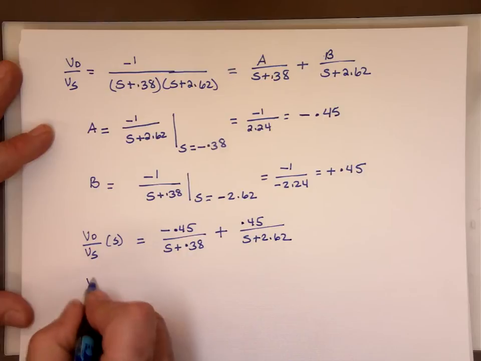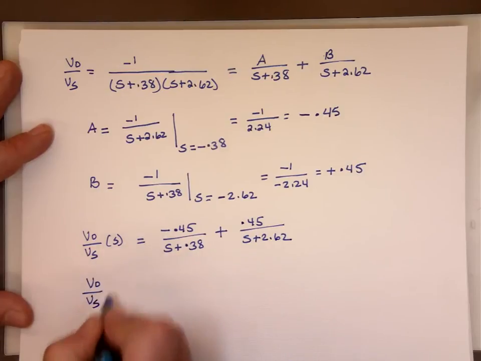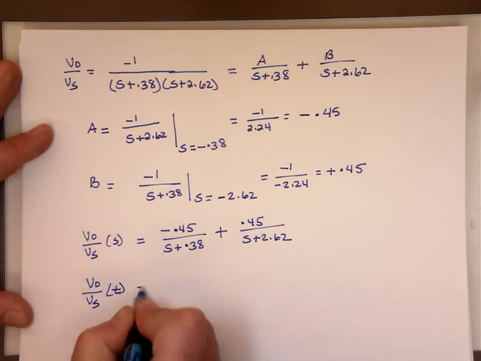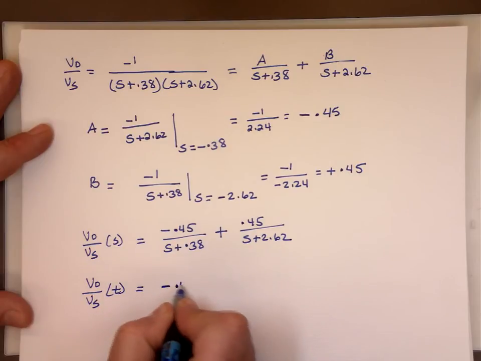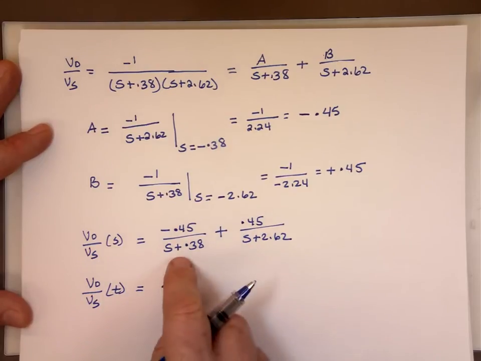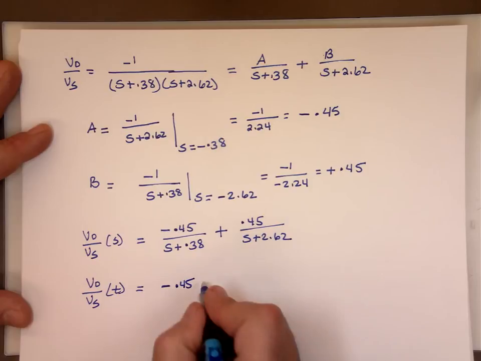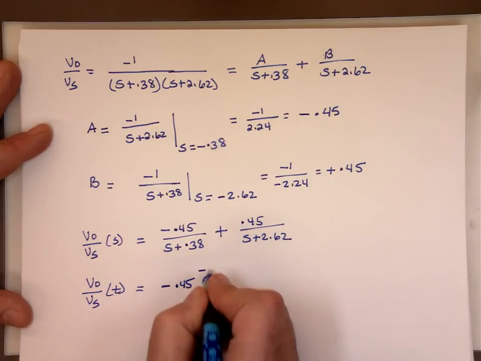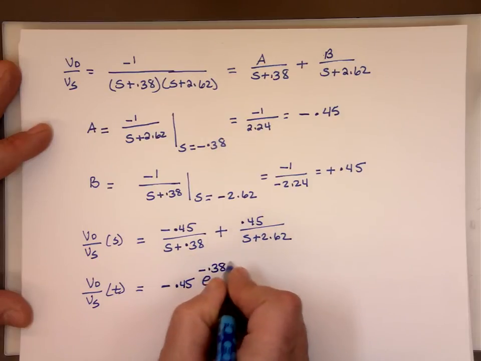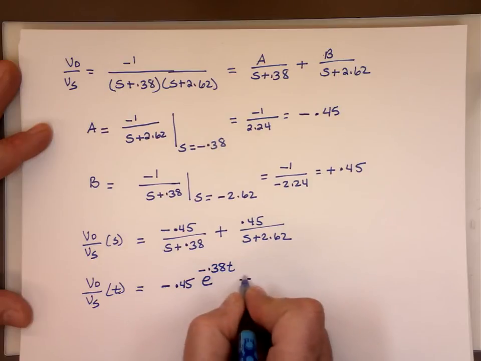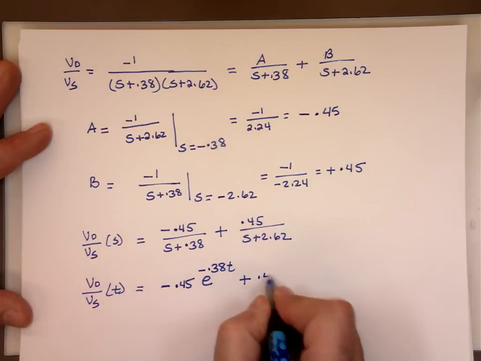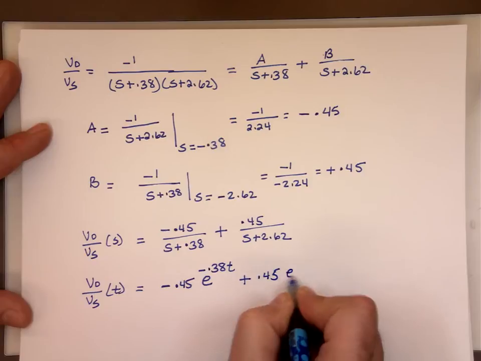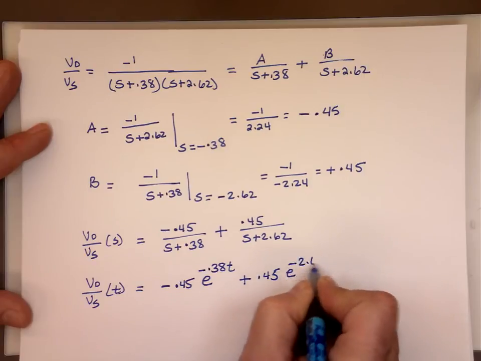V out over Vs as a function of time is going to be what? Negative 0.45. What is the inverse Laplace of 1 over S plus 0.38? E to the negative 0.38t plus 0.45 e to the negative 2.62t.